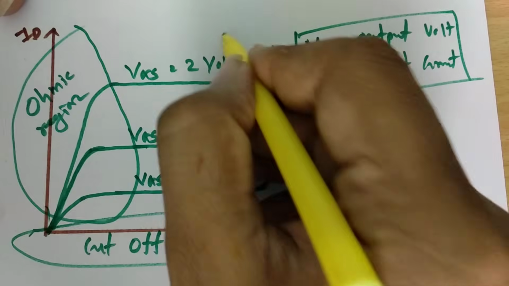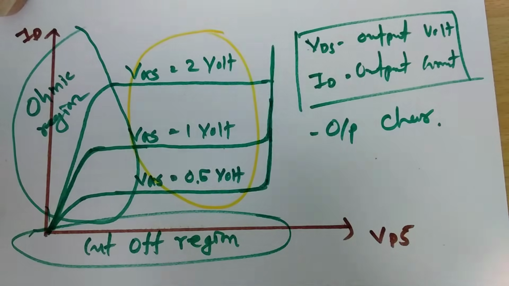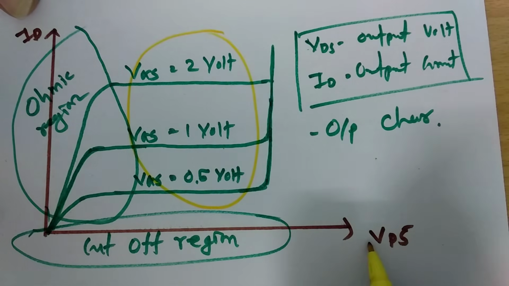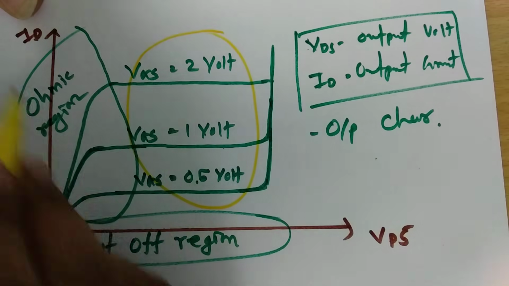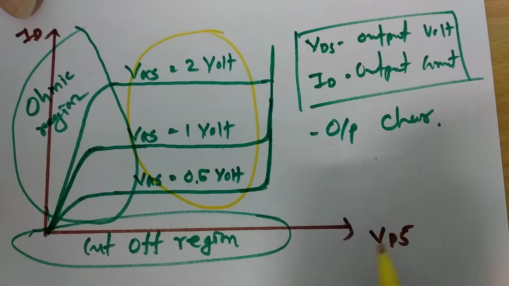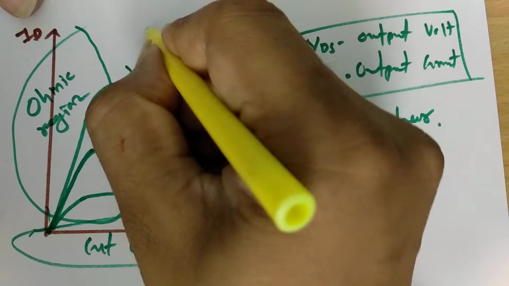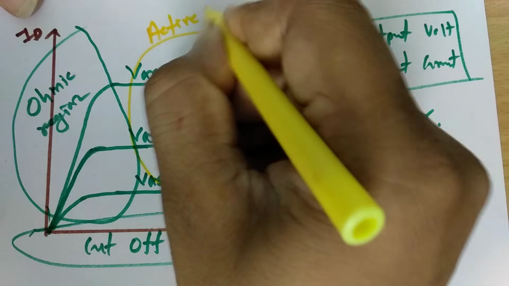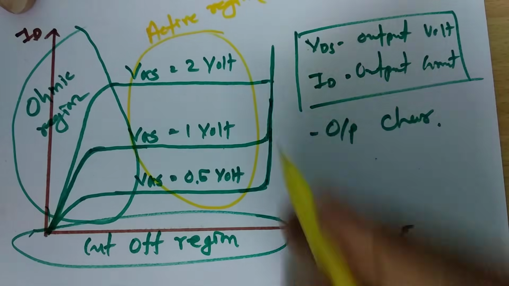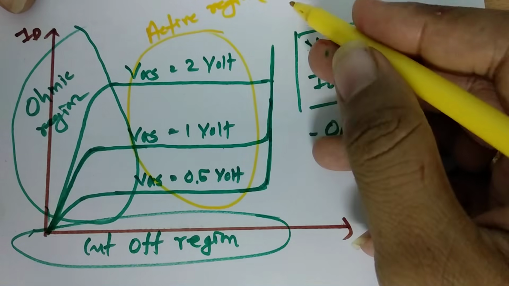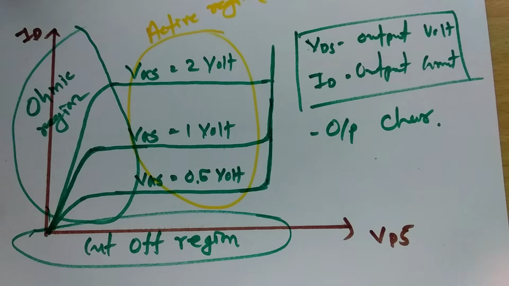In this region, current is constant with respect to increase in voltage, and this is the active region. And here there is a breakdown, so one can say this region is the saturation region. So this is the output characteristic of power MOSFET.